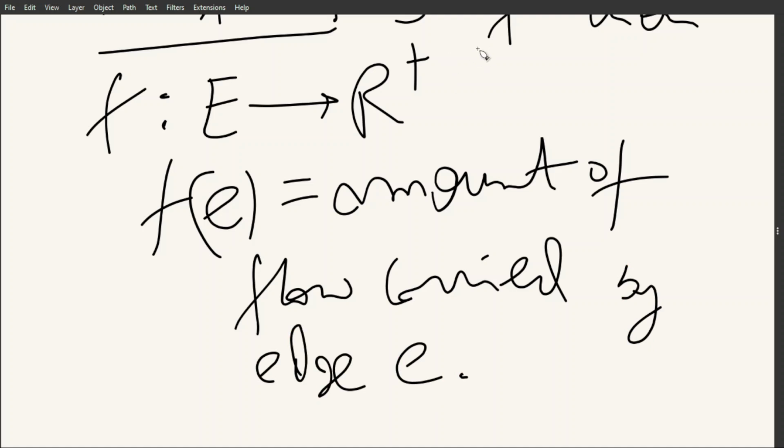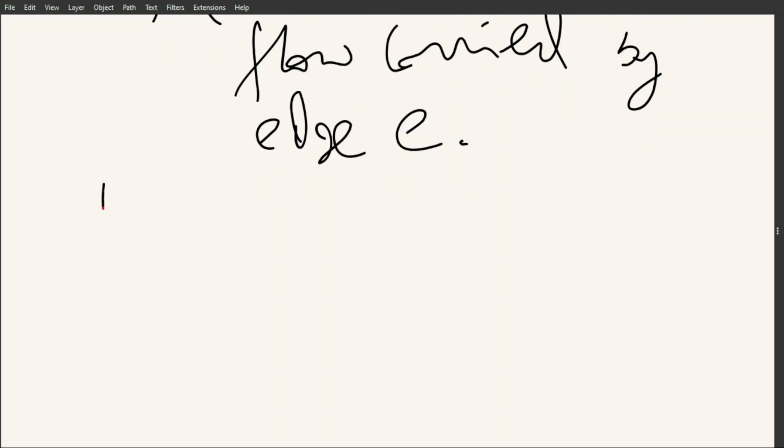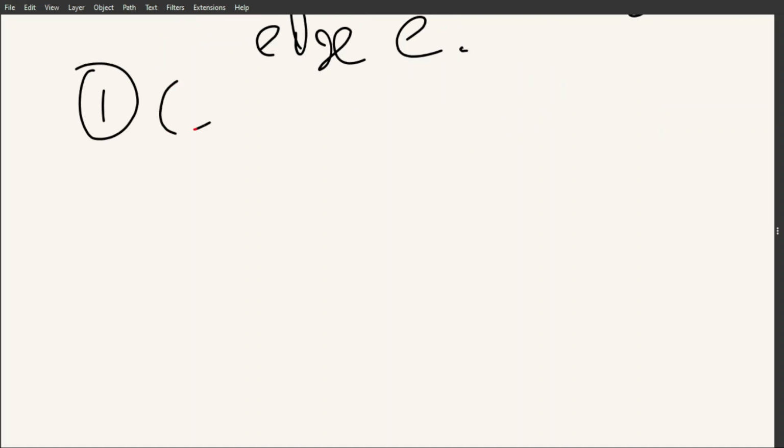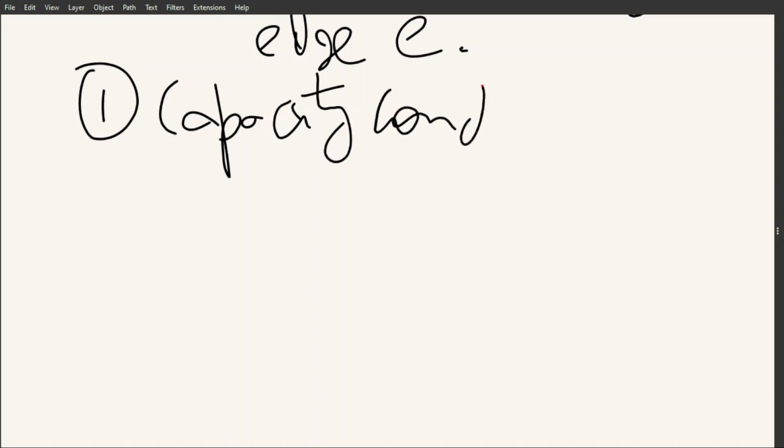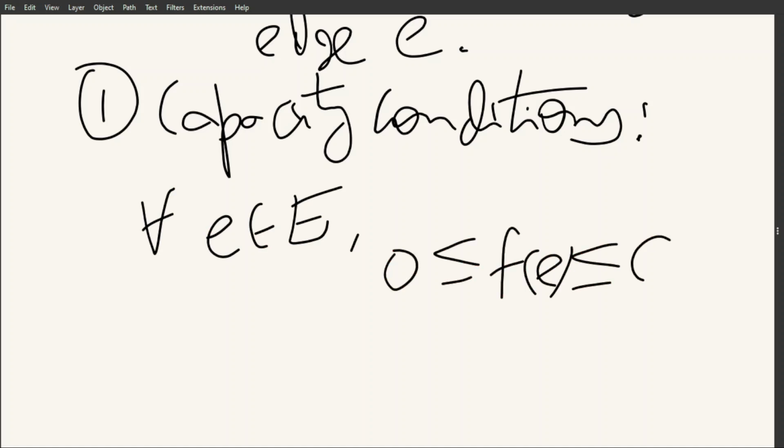So two conditions for flow we should have: capacity and conservation conditions. So capacity condition says that flow cannot exceed the capacity. So first we have capacity conditions. This says for all edges, this flow should lie between 0 and the capacity.